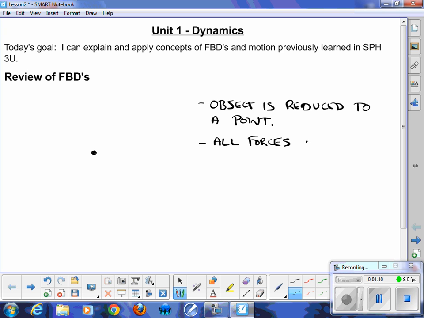So all forces are drawn with tails connected to the point.